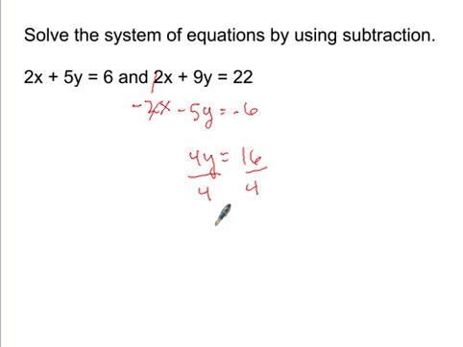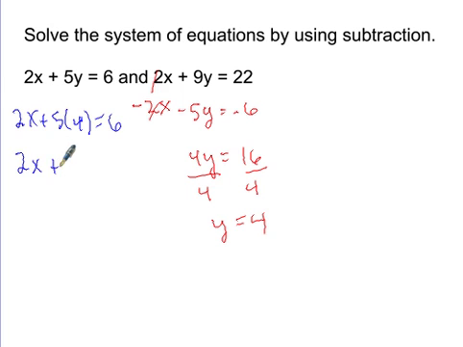Divide by 4, so y is 4. Now you can substitute 4 into either one of the equations for y. So 2x plus 5 times 4 equals 6. 2x plus 20 equals 6. 2x equals negative, oops, I wrote 60.